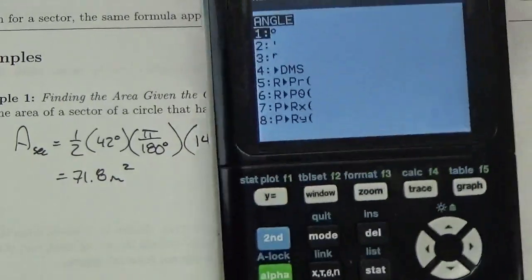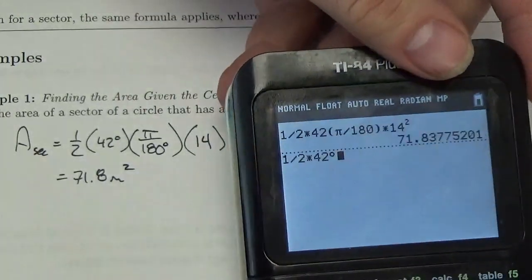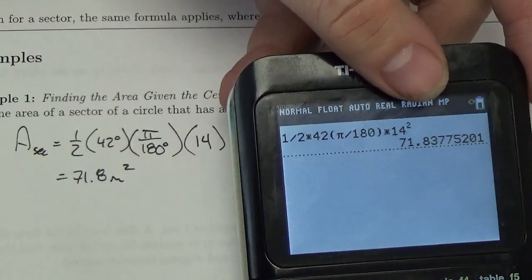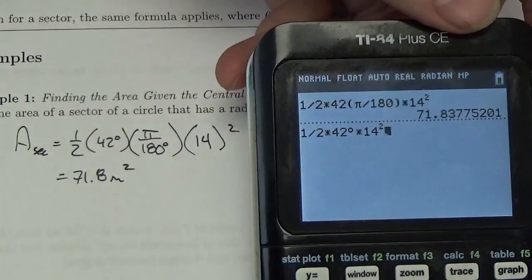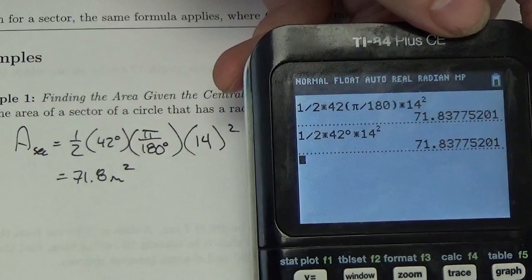So I'm going to go to my angle menu, which is just above your apps button, and let the calculator know that that's 42 degrees. Then I'm going to multiply that by 14 squared. Since the calculator is in radian mode, it will convert the degrees into radians and then multiply it through.